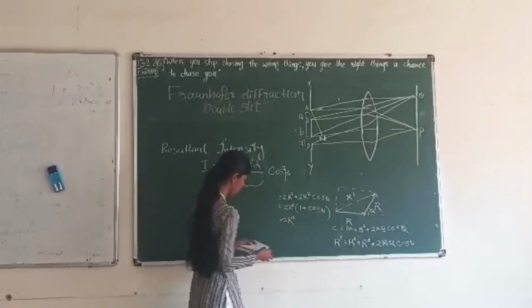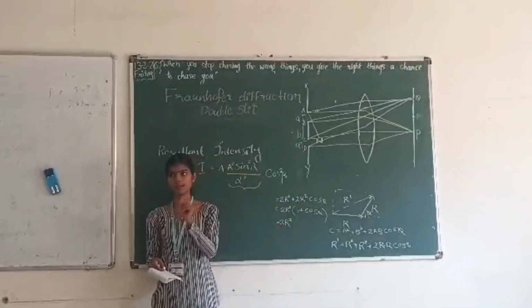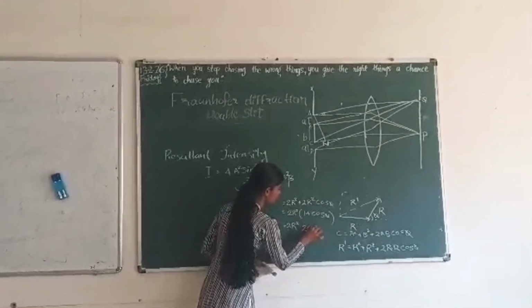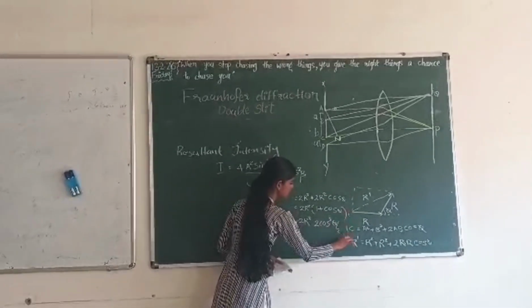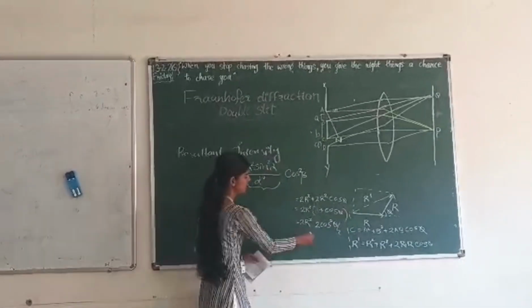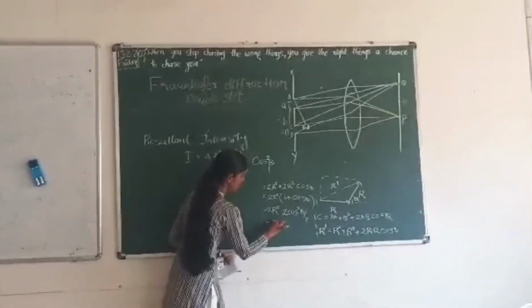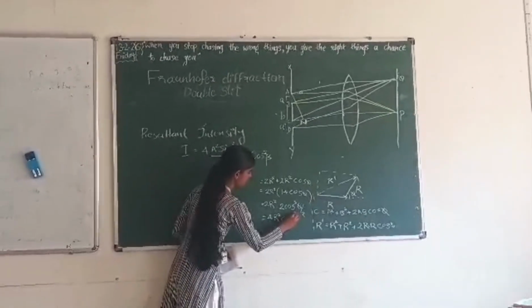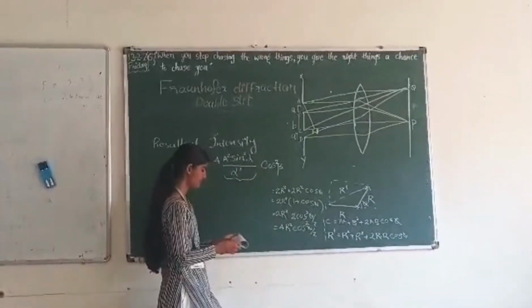2 R square into 1 plus cos phi we can take as 2 cos square phi by 2. So into 2 cos square phi by 2, it will become 4 R square cos square phi by 2.